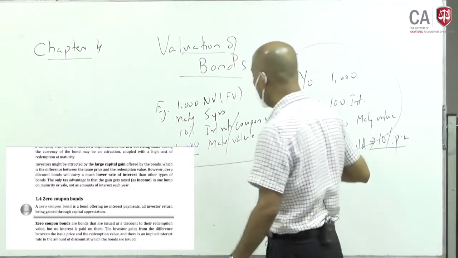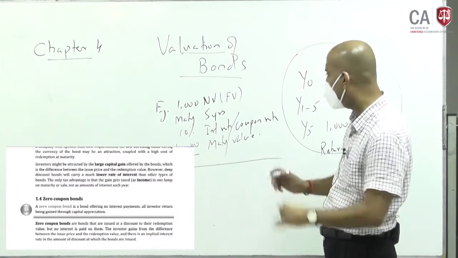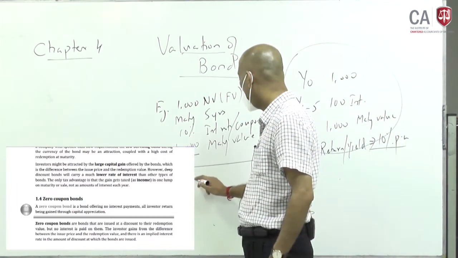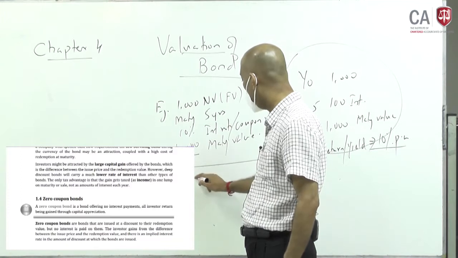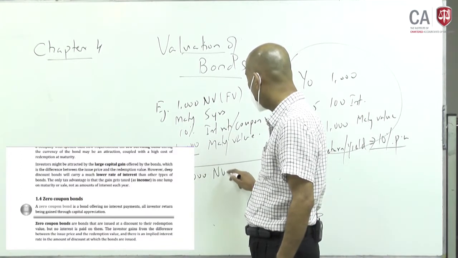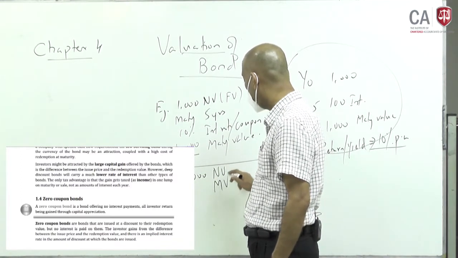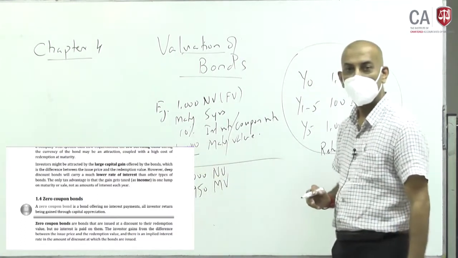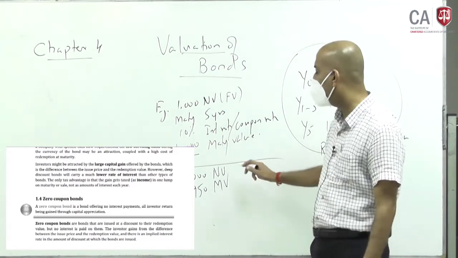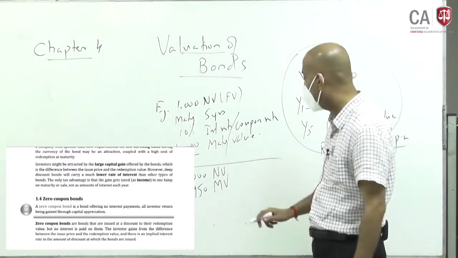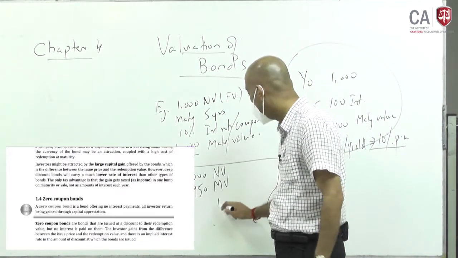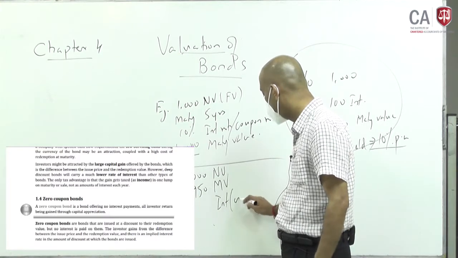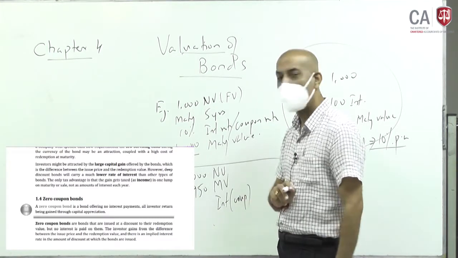Same thing, I slightly change it. Your nominal value is 1000, but the market value of the bond is 950. Assume that your nominal value is 1000, market value is 950. And then the interest or the coupon will be how much?